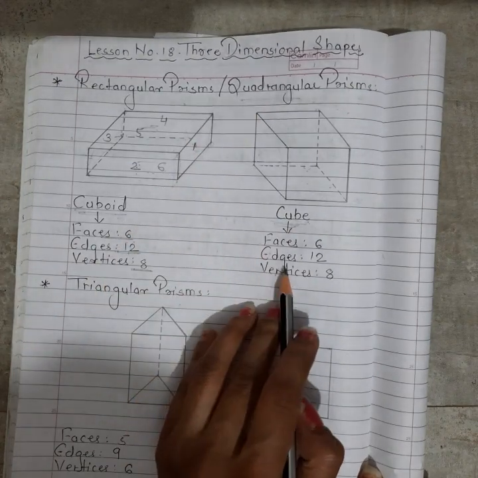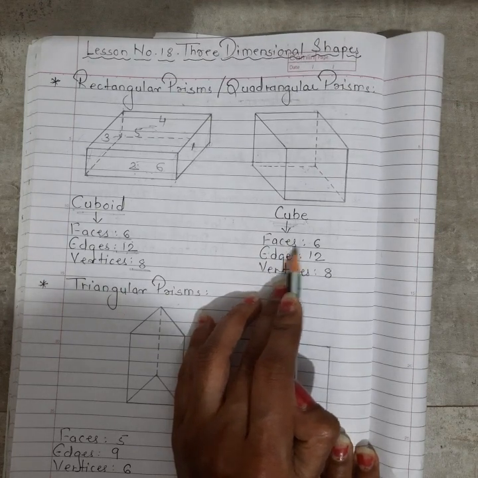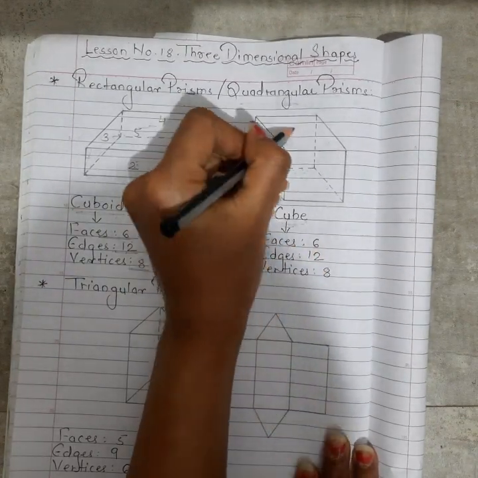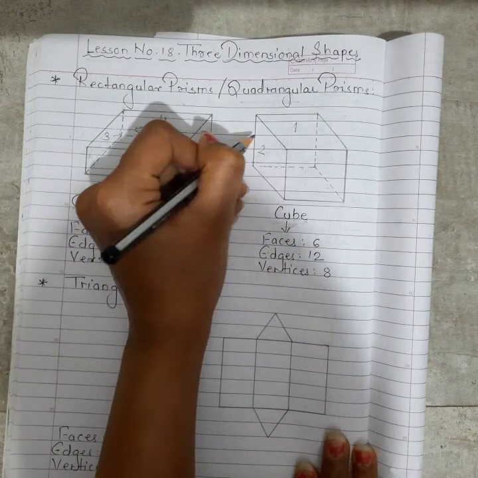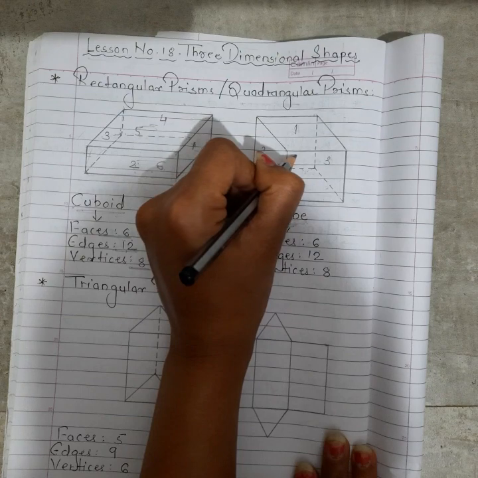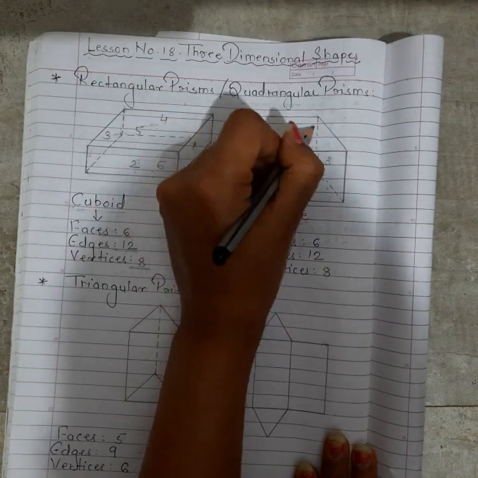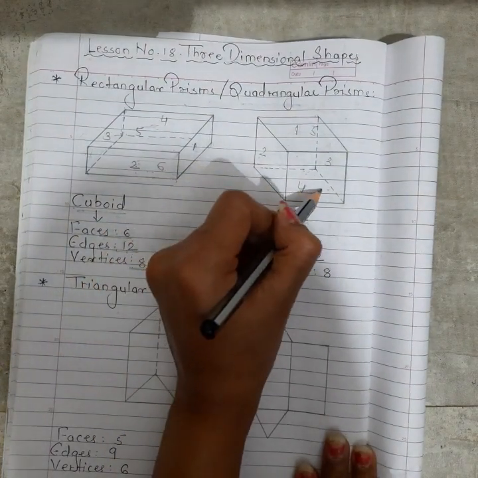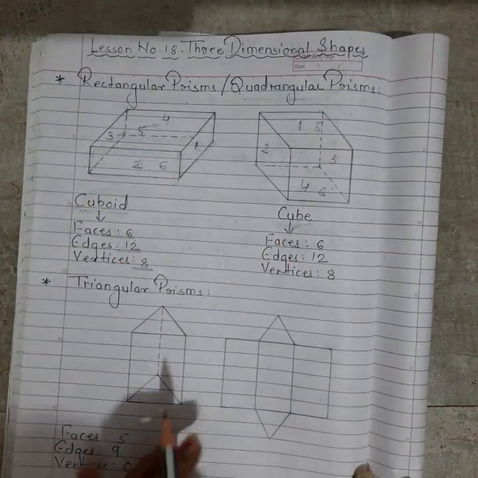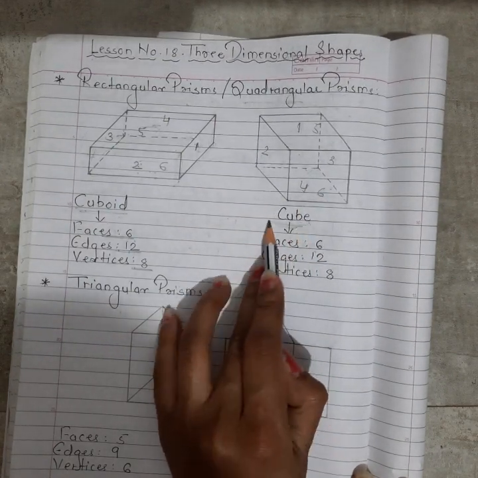Now, a cube also has 6 faces. See, 1, 2, 3, 4, this top 5 and this bottom 6. So there are a total of 6 faces of a cube.